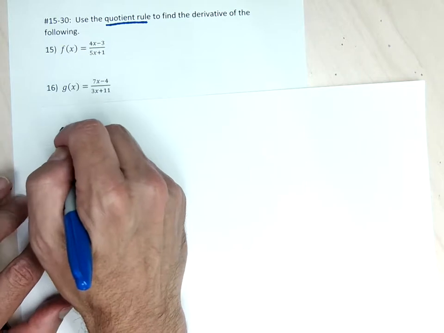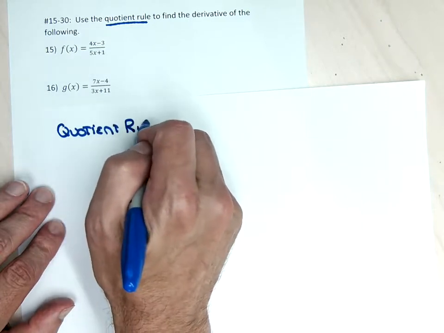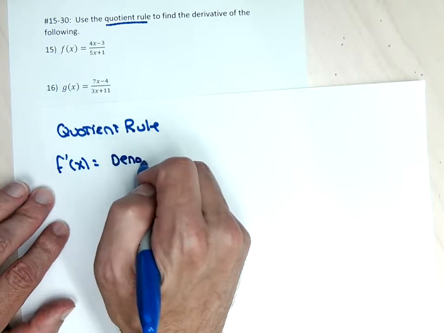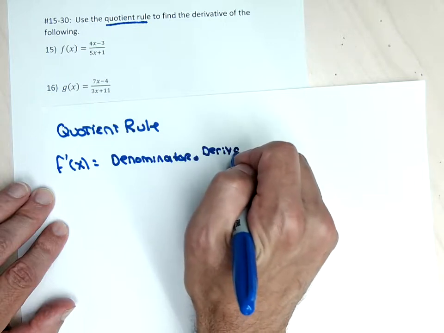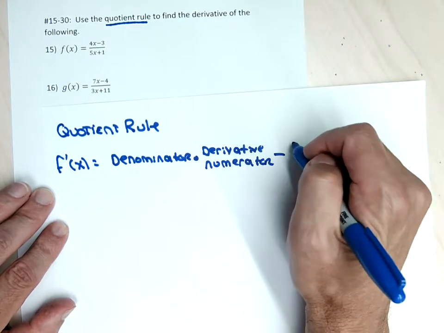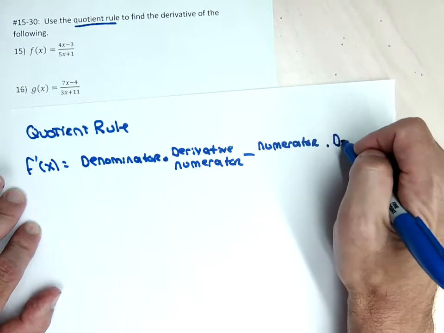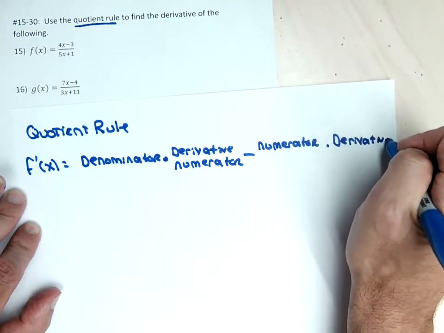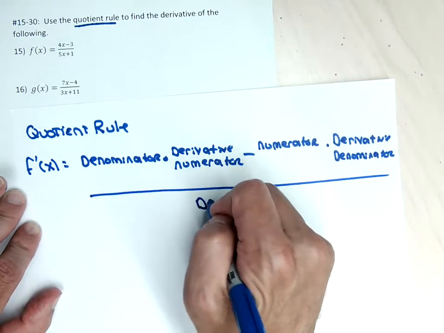So the quotient rule says if you have a function f of x, the derivative of that function can be found by taking the denominator times the derivative of the numerator minus the numerator times the derivative of the denominator, all over the denominator squared.